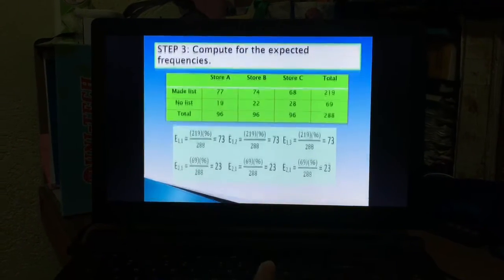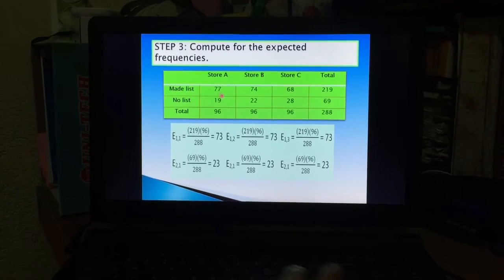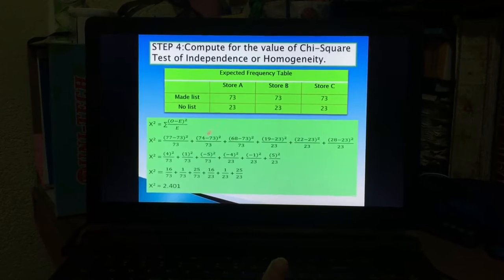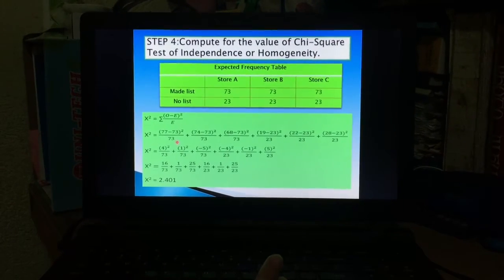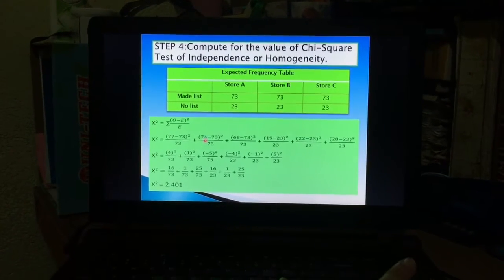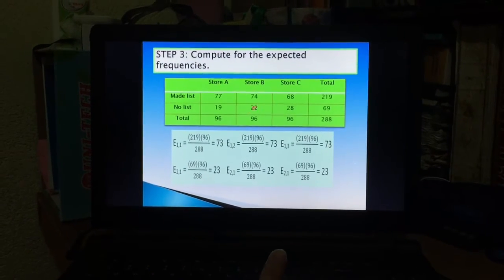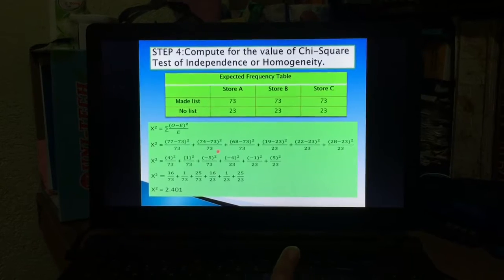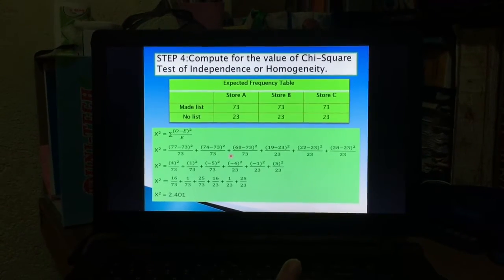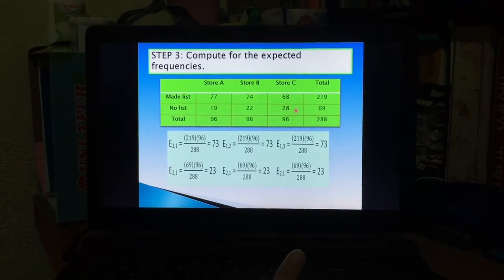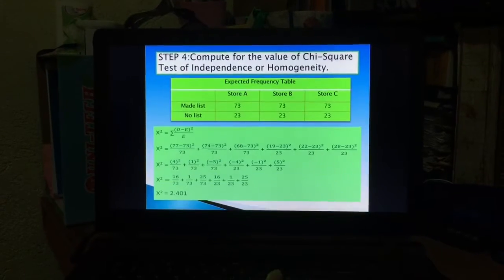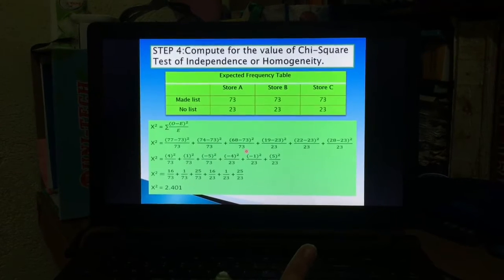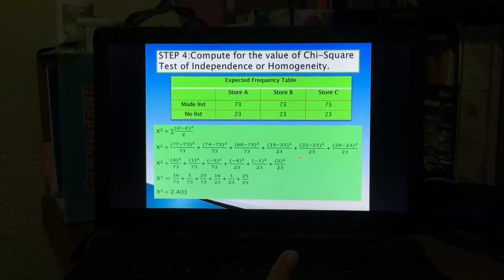77, which is the first observed value, minus 73, the expected value, squared all over 73, plus 74 minus 73 all over 73 plus 68 minus 73 squared all over 73 plus so on.